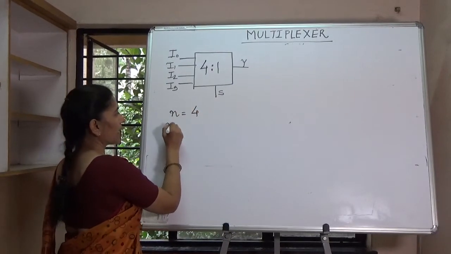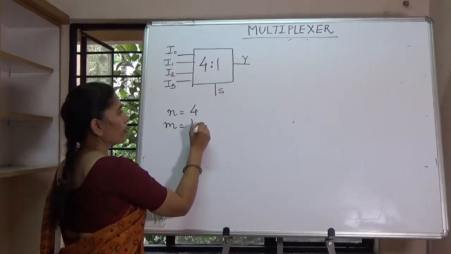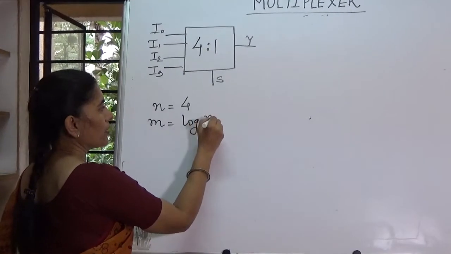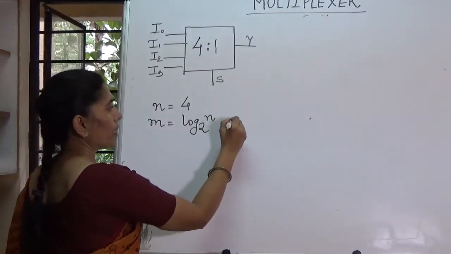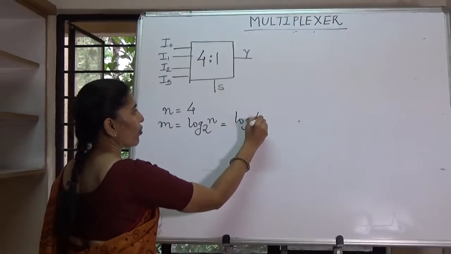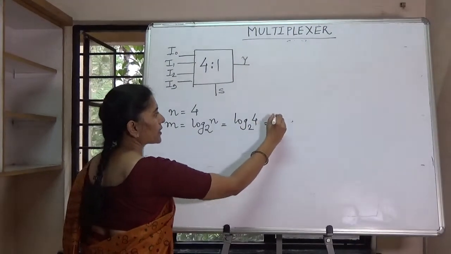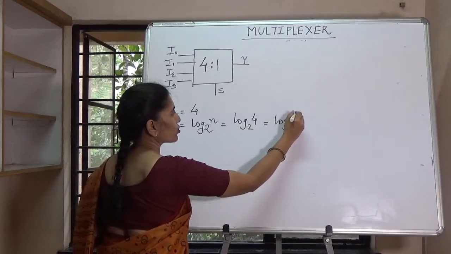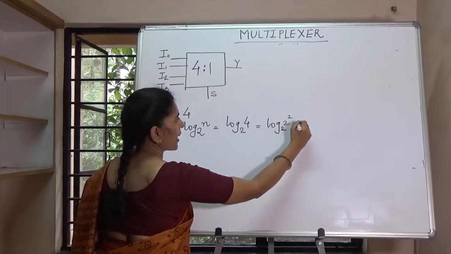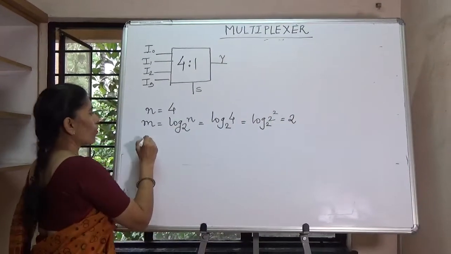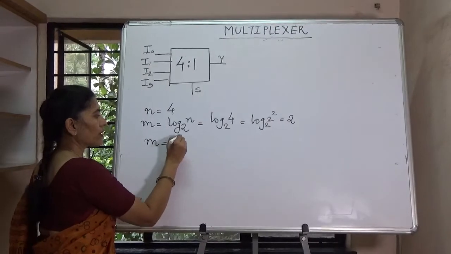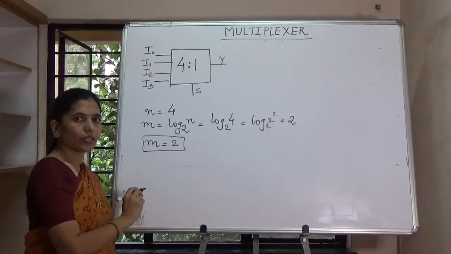So the number of select lines will be log of n to the base 2, which will be equal to log of 4 to the base 2, that is log of 2 raised to 2 to the base 2, and that is 2. So the number of select lines which will be required is 2.